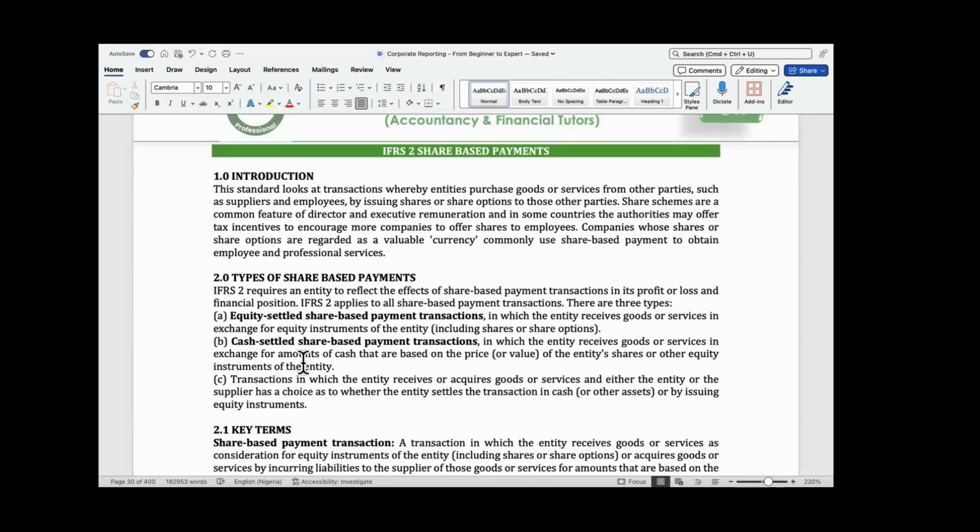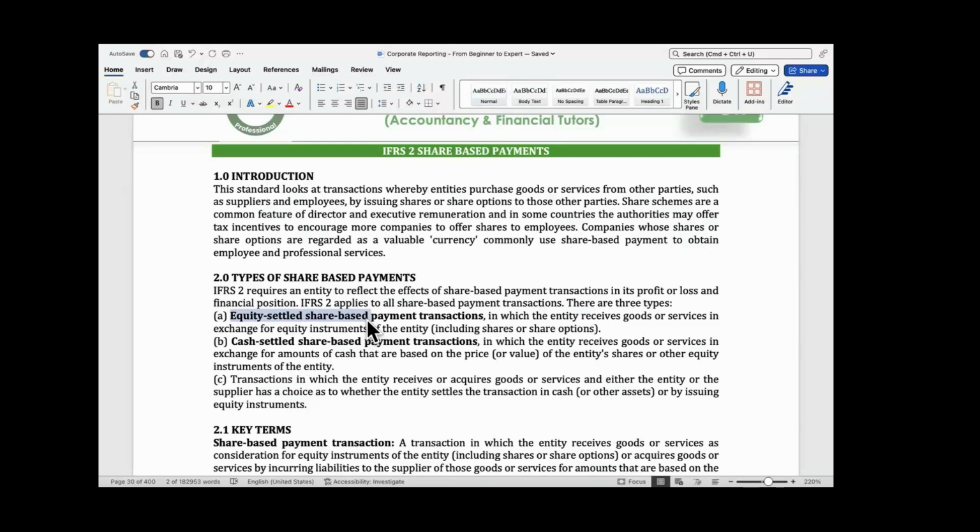But the amount of cash they would pay is based on the share price of the company. The third one is where there is a choice of settlement. So last week we focused basically on equity settled share-based payment.